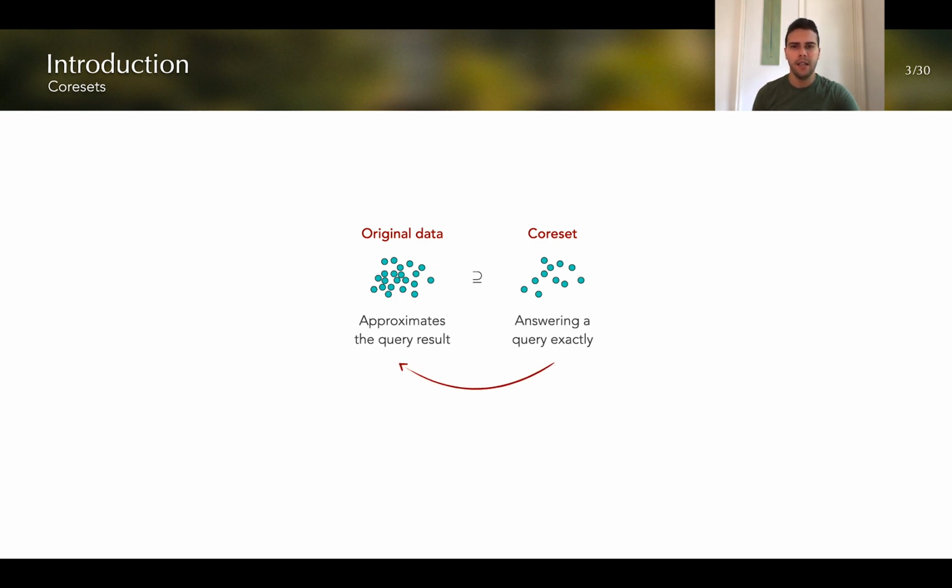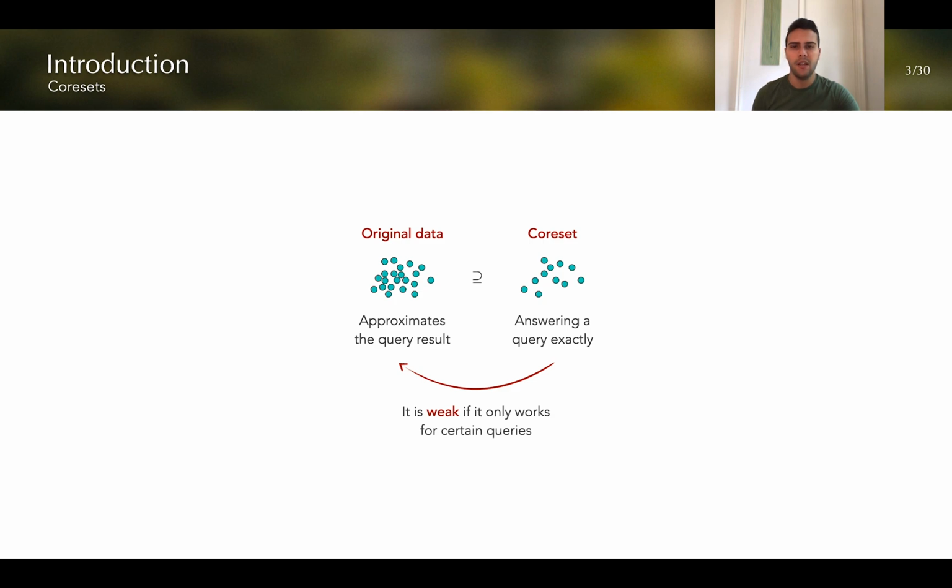Now, coresets, on the other hand, are defined as follows. If we're given some original data, a coreset is basically a subset of that data, such that answering a query exactly on the coreset gives us an approximation of the same query in the original data.